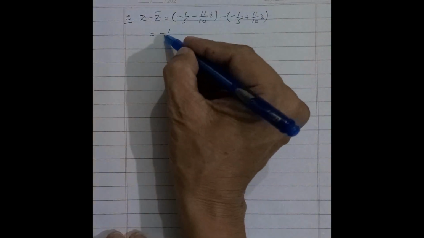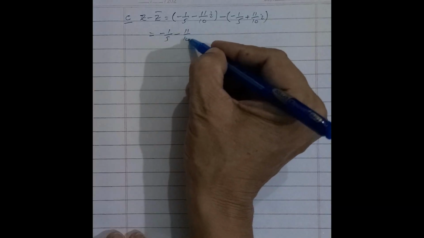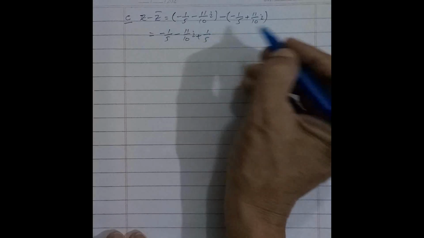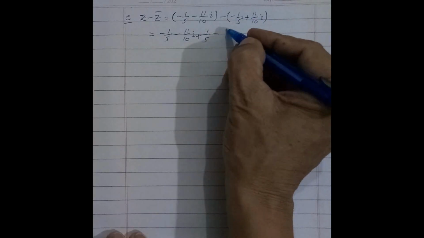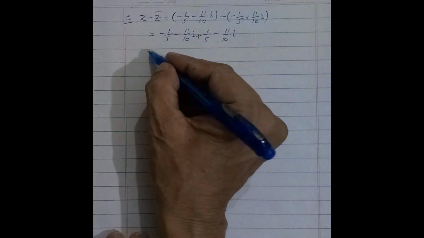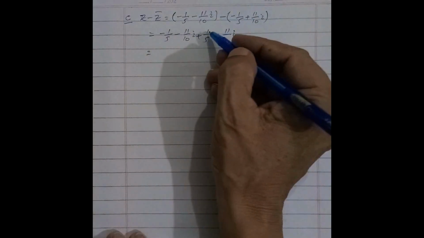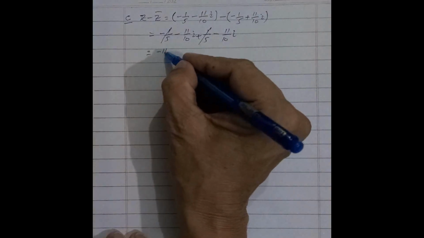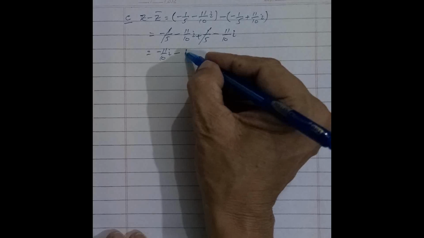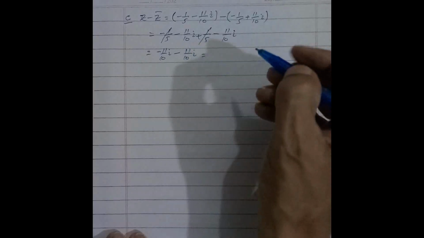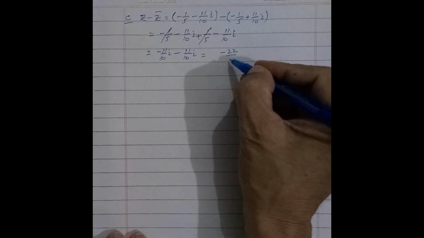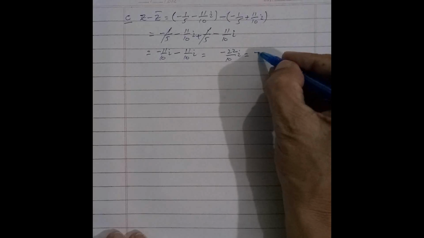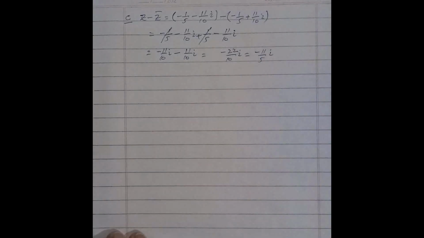We get minus 1 over 5 minus 11 over 10 iota; minus multiplied by minus gives plus 1 over 5, and minus multiplied by plus gives minus 11 over 10 iota. Now simplify these values: plus 1 over 5 cancels with minus 1 over 5. The remaining values are minus 11 over 10 iota minus 11 over 10 iota, and the answer is minus 22 over 10 iota. And when we simplify it, we get minus 11 over 5 iota.